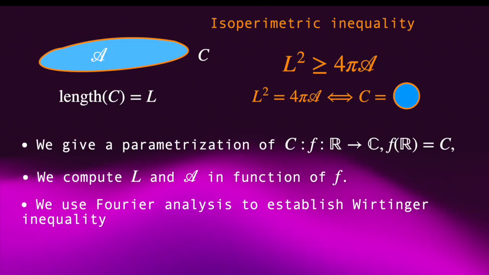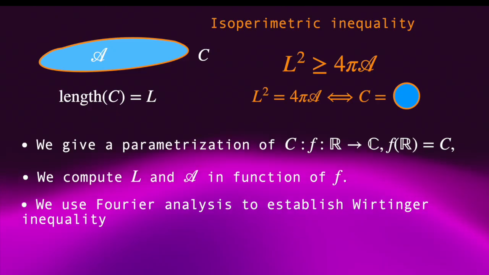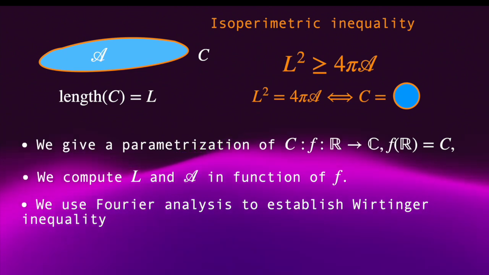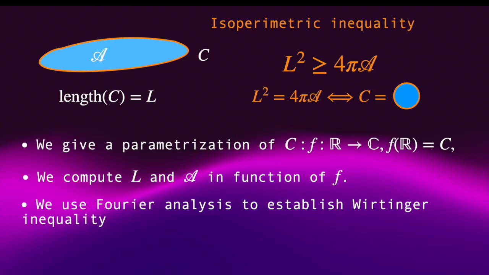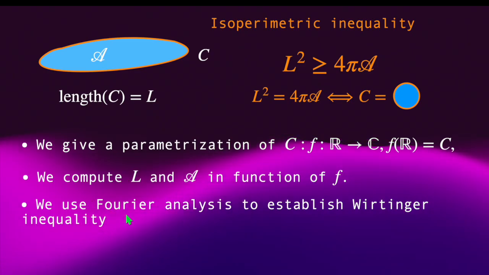And the core of the proof is the use of Fourier analysis to establish Wirtinger's inequality. Wirtinger's inequality is one famous inequality in analysis. So we need to recall some results about Fourier analysis.